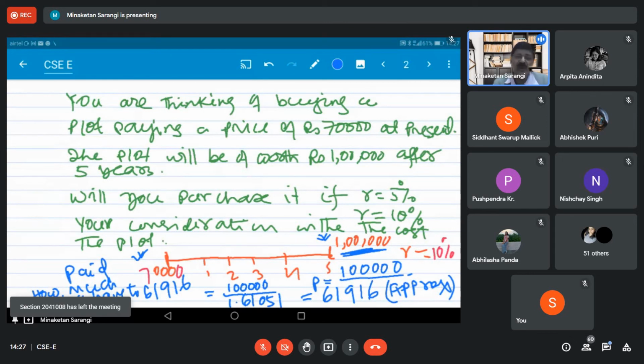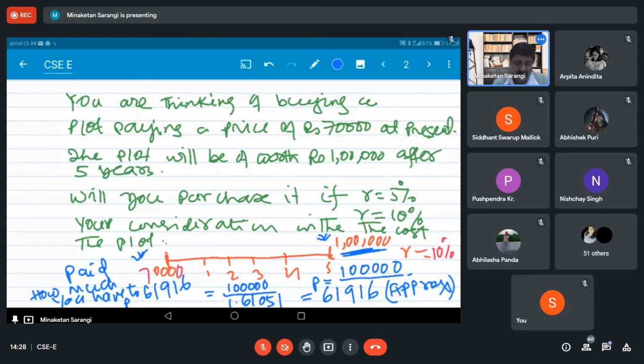If it is less than 1 lakh, then you will not purchase. You think, again, future is uncertain. So you are thinking that I will definitely get 1 lakh after 5 years. How much will I pay right now?